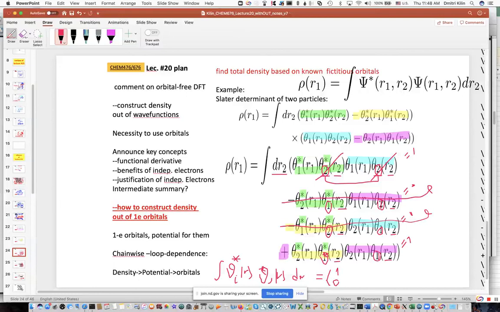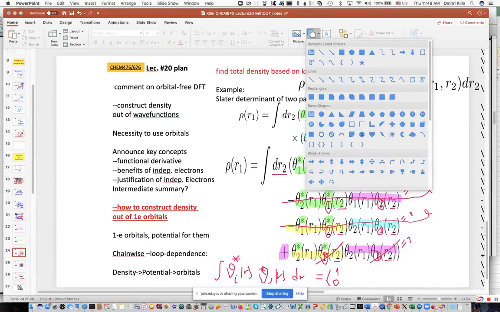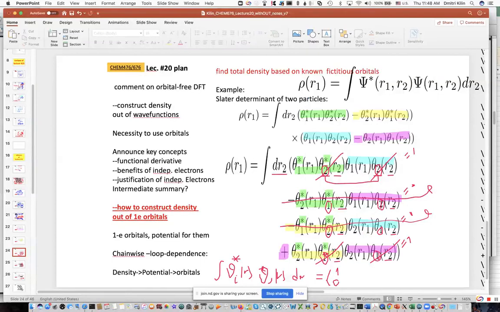Then we can remove the orbitals that depend on R2 and keep only things that depend on R1.